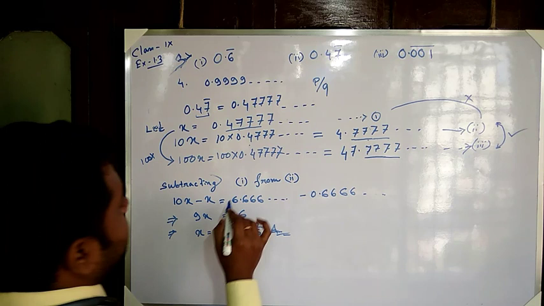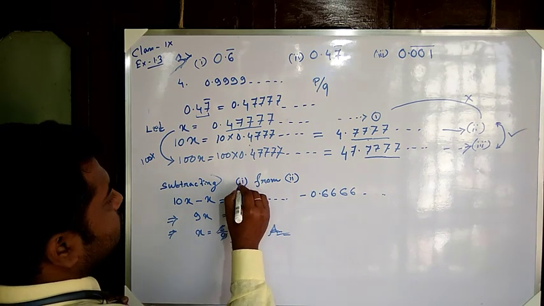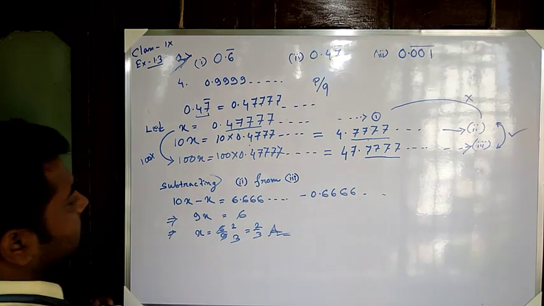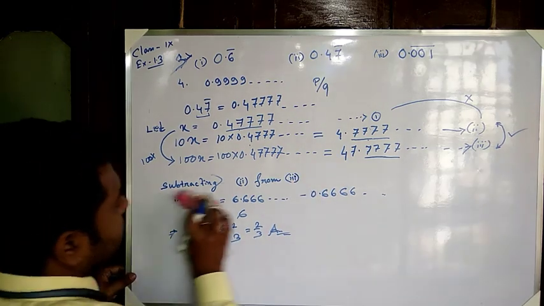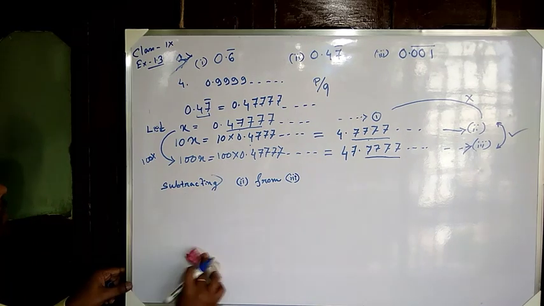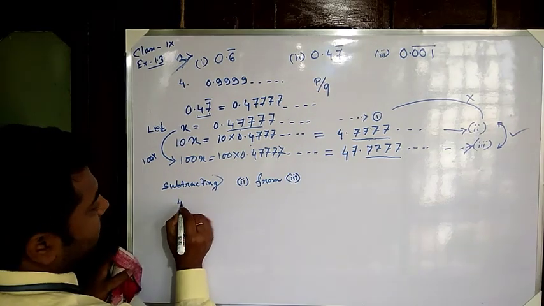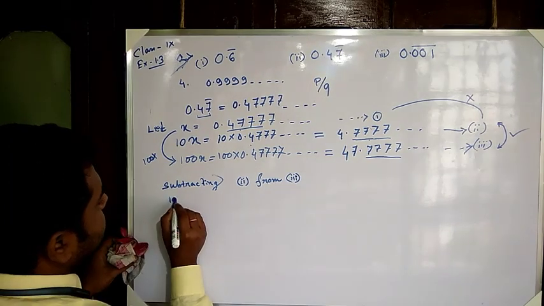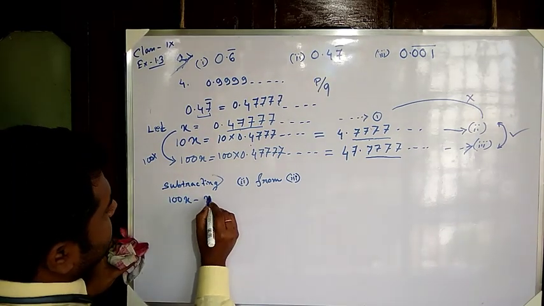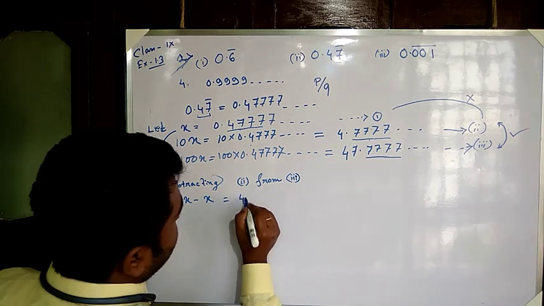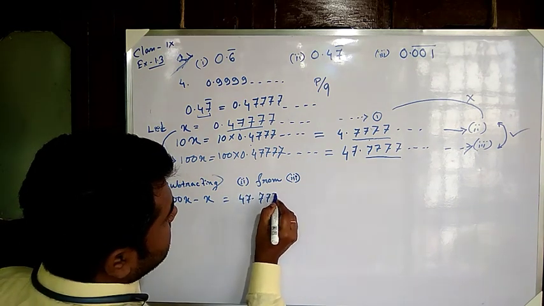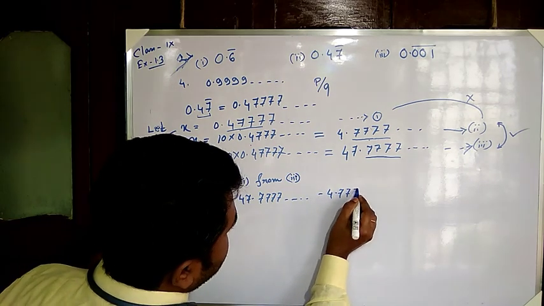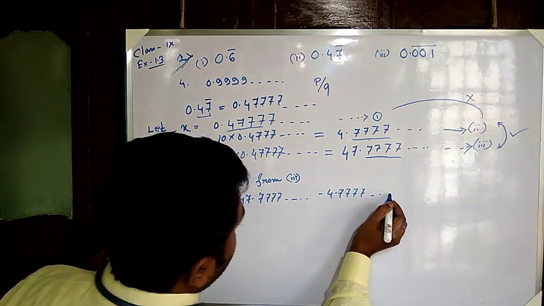So now I will write, subtracting 2 from 3. So what will it display here? 100x minus 10x equals 47.7777 minus 4.7777.